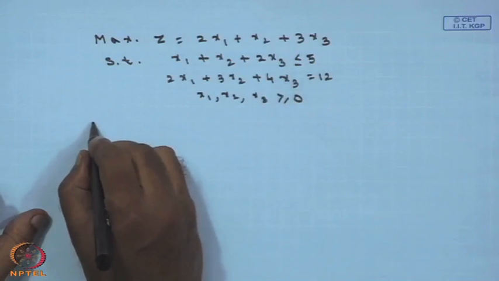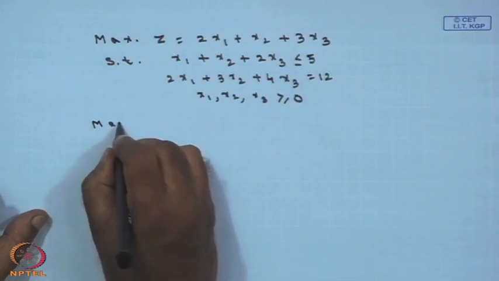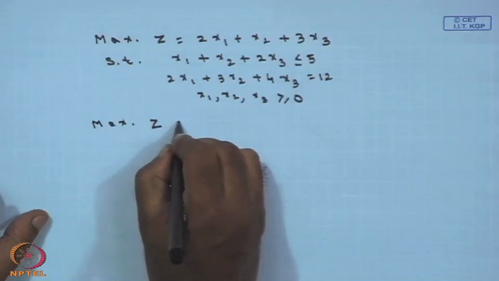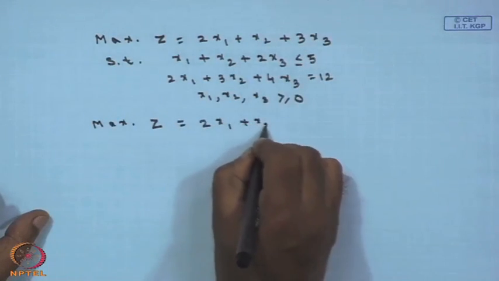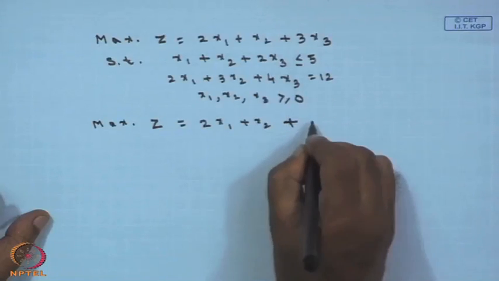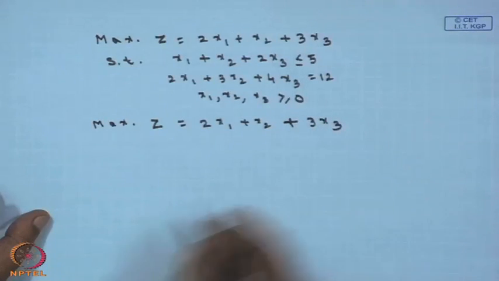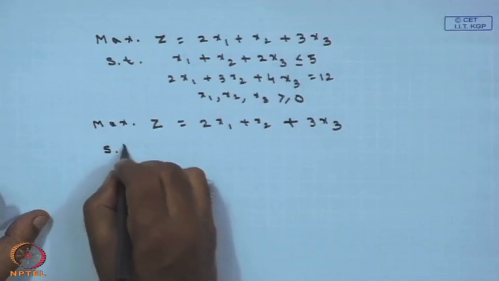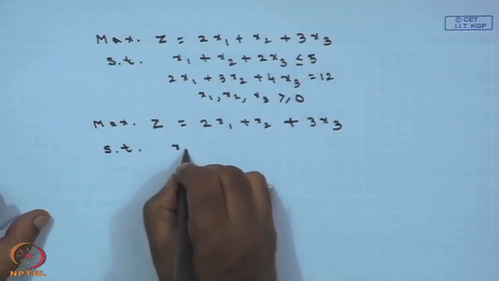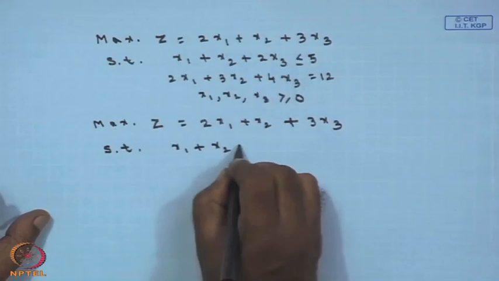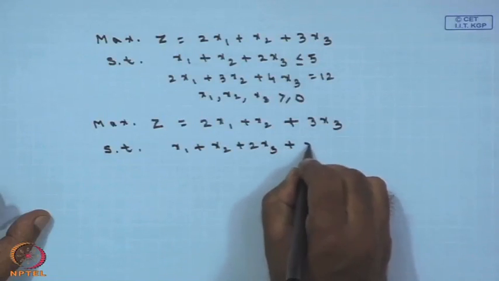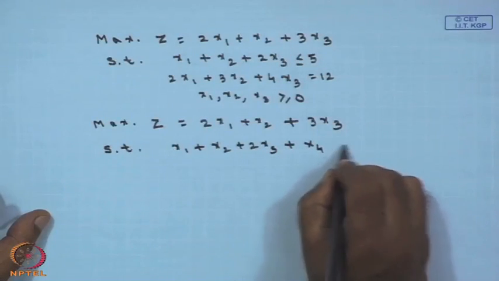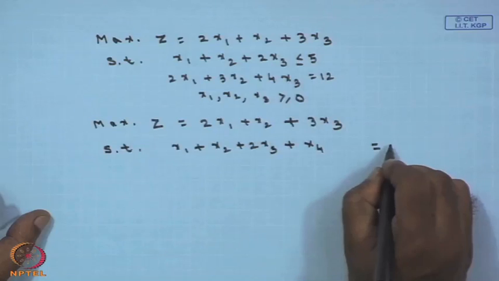So, to write it in the standard form, first we have to convert the LPP into the standard form. Maximize z equals the objective function, 2 x 1 plus x 2 plus 3 x 3. I am writing the other part later. Subject to x 1 plus x 2 plus 2 x 3 plus we are introducing x 4, and this equals 5.